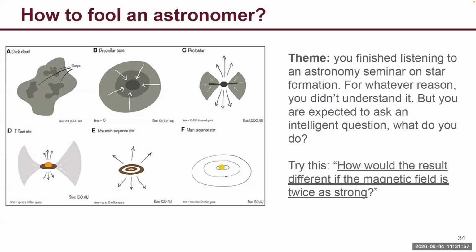But you want to appear intelligent and impress the presenter. What would you say? You have to ask a question. He said you will ask this question: what would be the difference in the result if there is a magnetic field present? Right? So that sounds intelligent, and that's going to fool people.